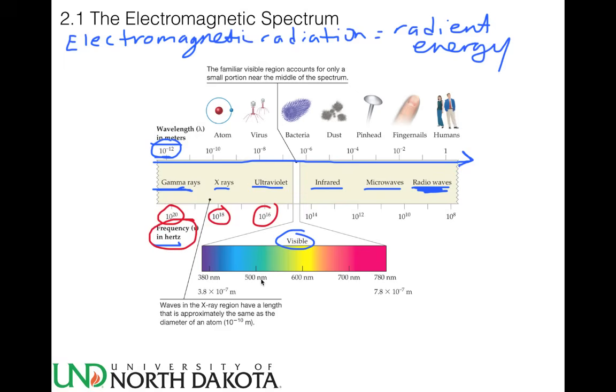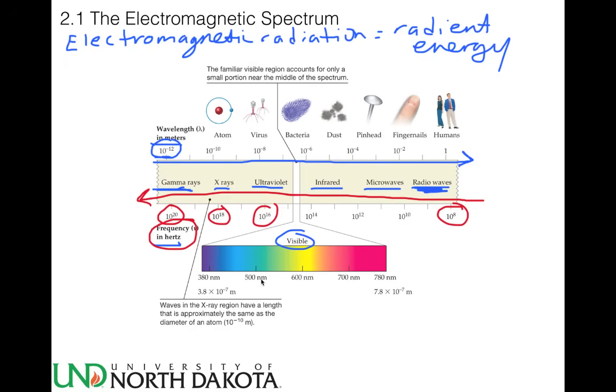And if you look at the frequency of a gamma ray, you'll see that it's much larger than the frequency of a radio wave. So the frequency doesn't increase from left to right, it increases from right to left, which is the opposite of how the wavelength increases. So we can say that wavelength and frequency are inversely related.